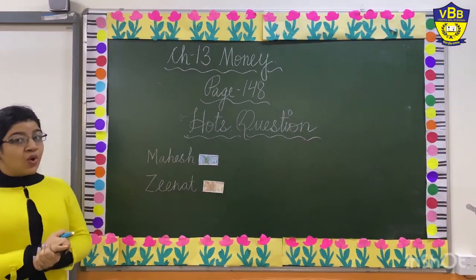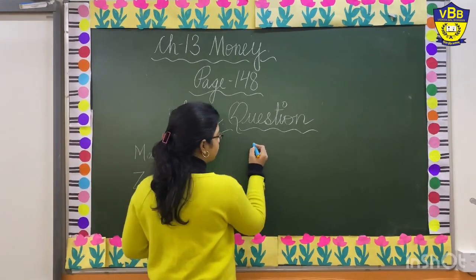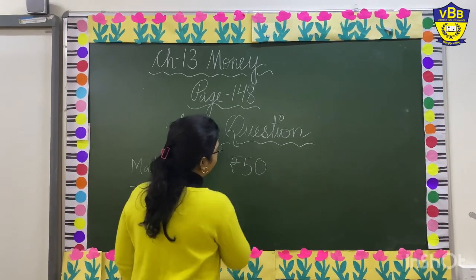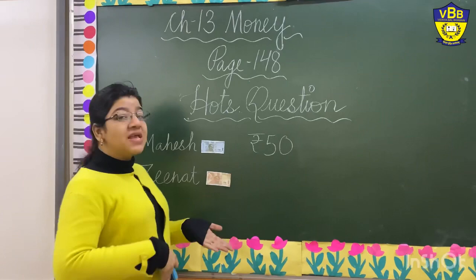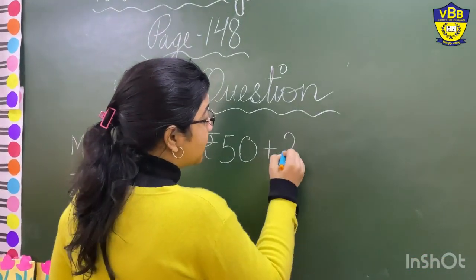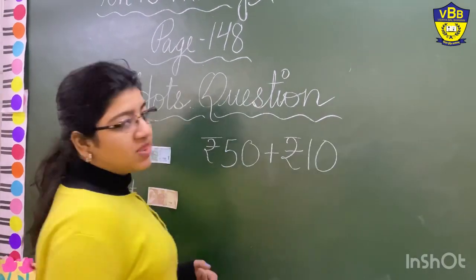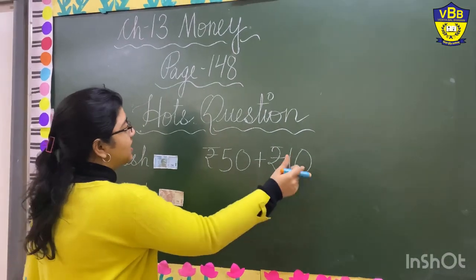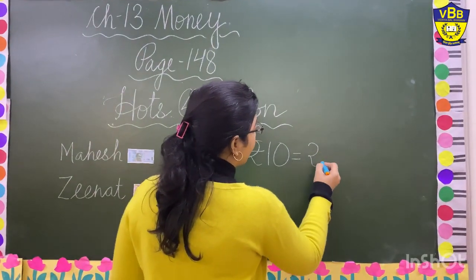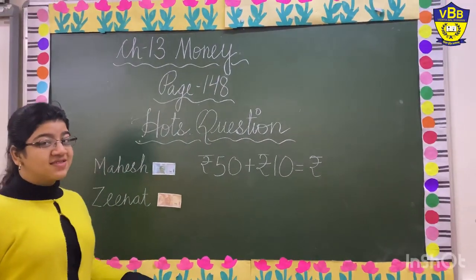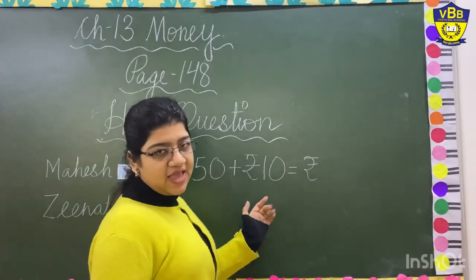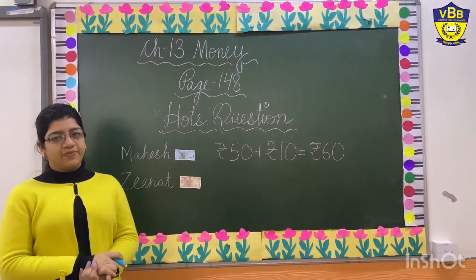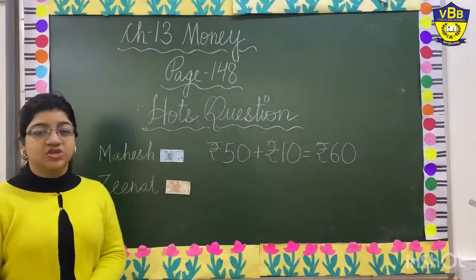So how are we going to calculate it? Mahesh's amount is rupees 50. Now we have to add rupees 10 more to it. Whenever we count rupees 50 and 10, what will it be? Count it fast. Well done. Rupees 50 plus 10 is rupees 60. I hope you all have understood this question.